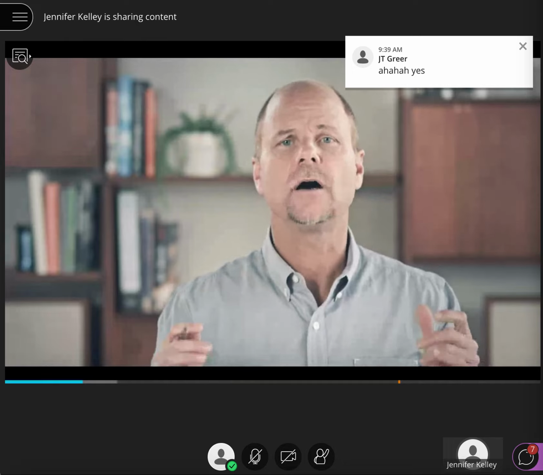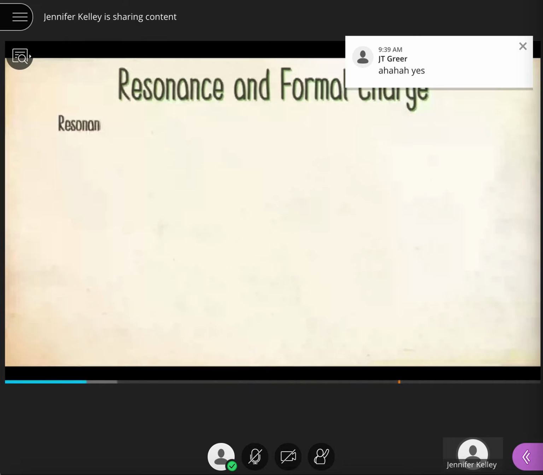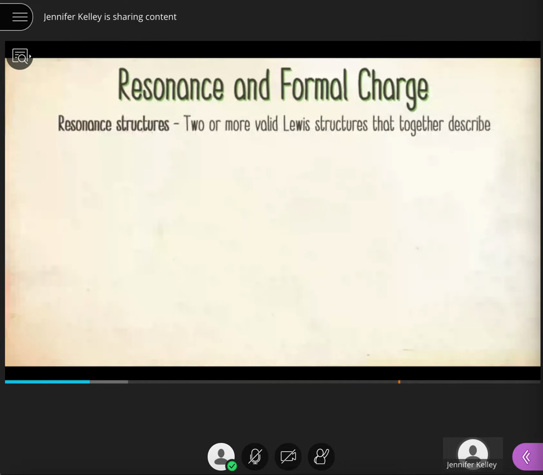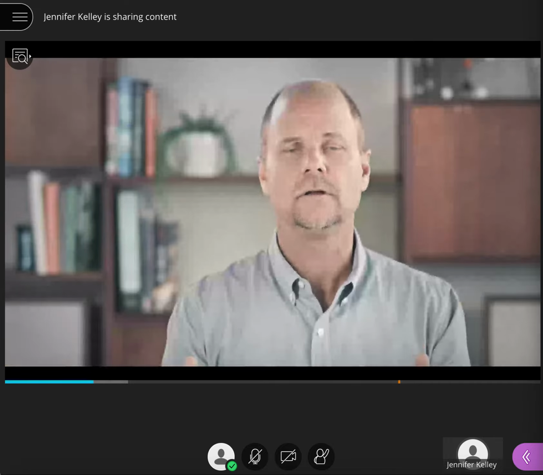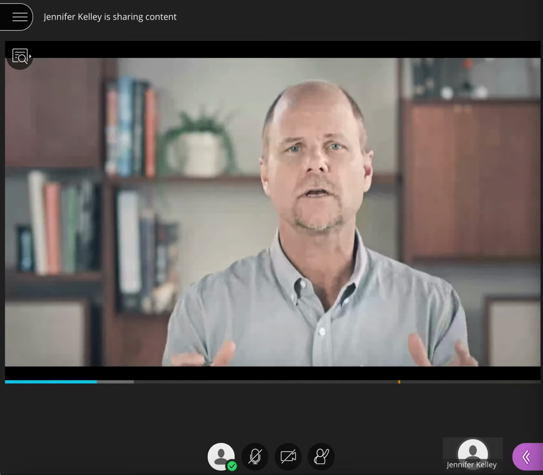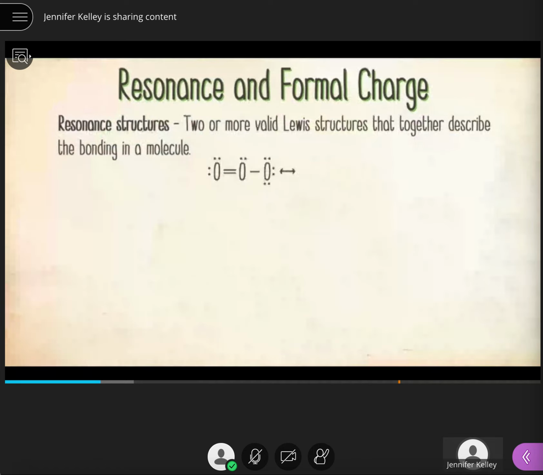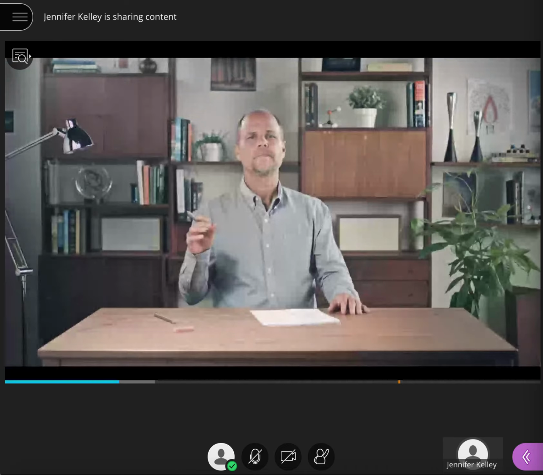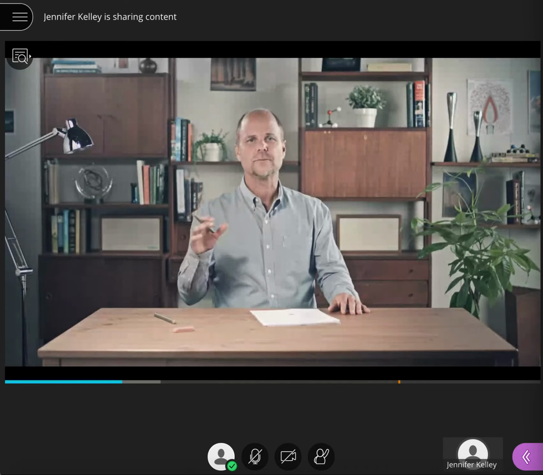You can use a concept called resonance. Resonance structures are two or more structures that together describe the bonding in a molecule. For example, the resonance structures for ozone look like this. Draw resonance structures with a double arrow between them. The actual structure of the ozone molecule is intermediate between the two resonance structures and is called a resonance hybrid. The term hybrid comes from breeding.